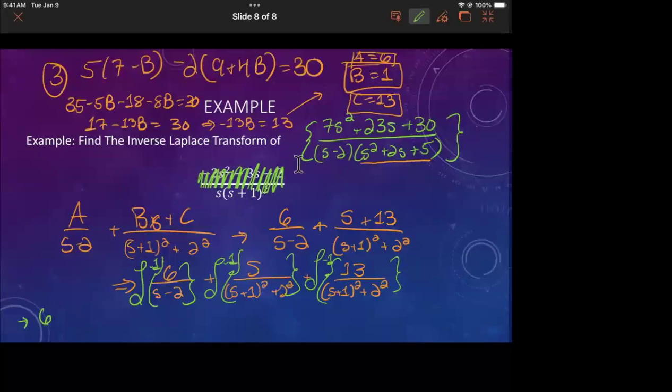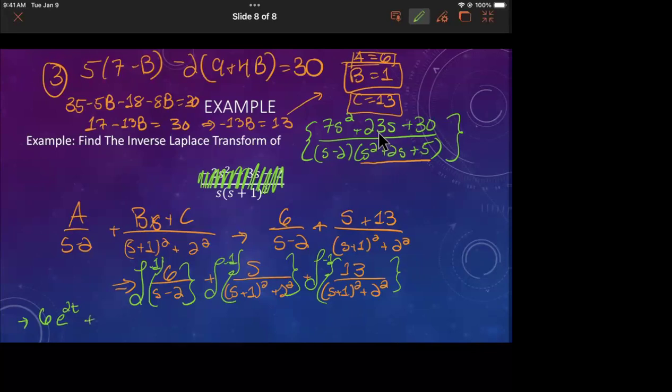If I look up on the table, that would be 6 times 1 over s minus 2. Oh wait, the n is 0. So this would be 6 times e to the 2t for the first term.